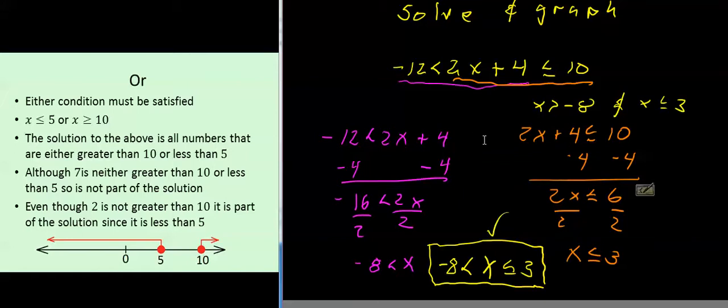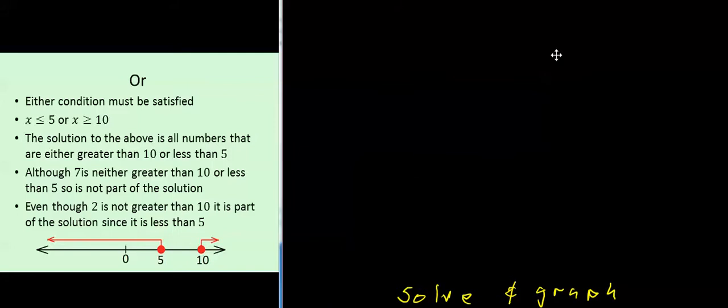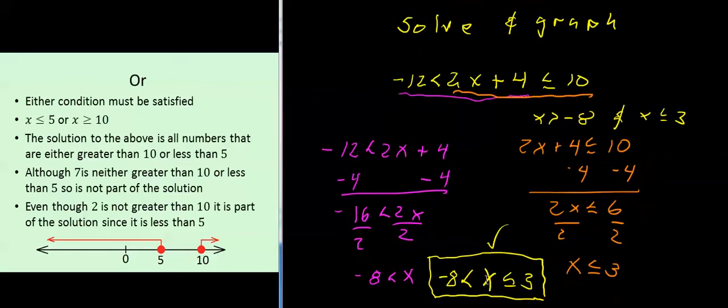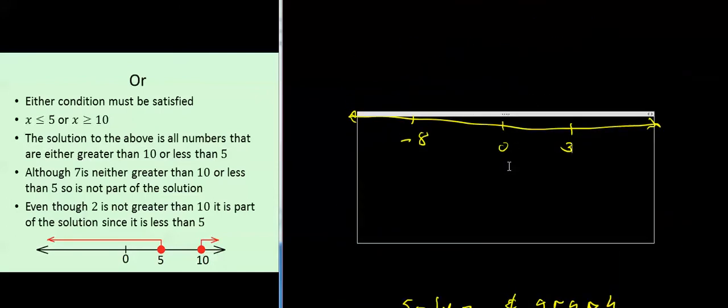Now we have to do our graph. So, arrows at the end, 0, -8, and 3. X can be equal to 3, it's not equal to -8.